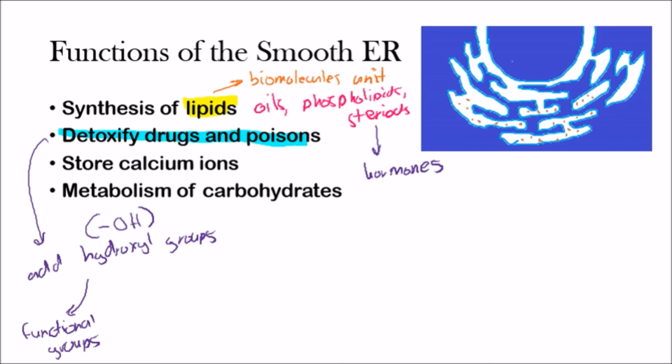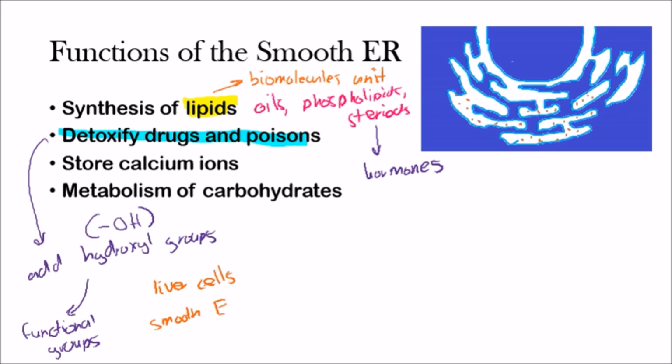Okay, now this is an interesting side note which you might want to know about. The liver cells in humans and all animals actually have a great amount of smooth ER. Why?